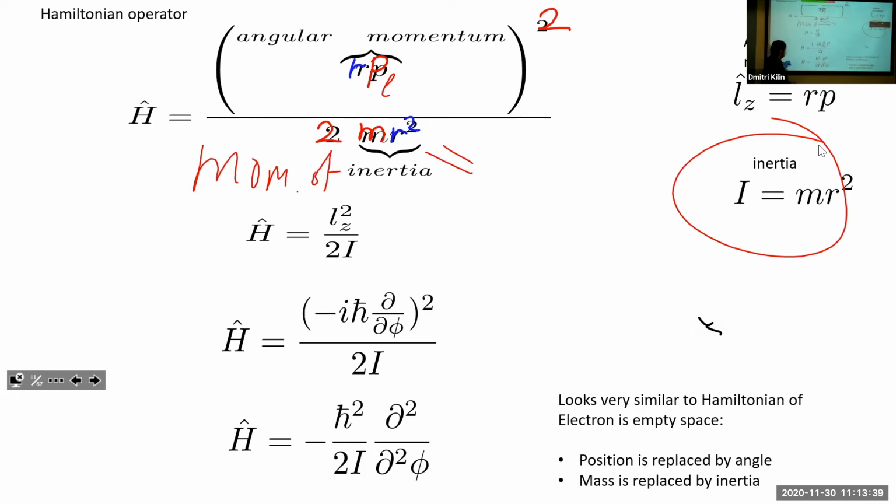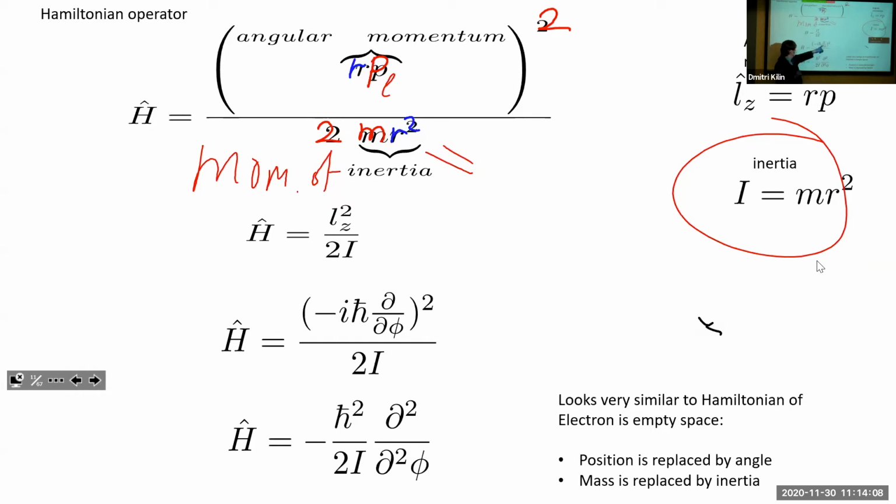Next, the angular momentum looks very similar mathematically to linear momentum, minus i h bar, but instead of the derivative over position, it is the derivative over angle, right? Because if it is a rigid rotator, then distances are not changing, it just changes the angle.